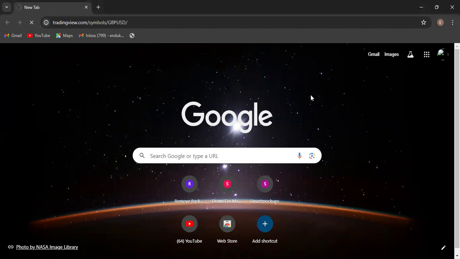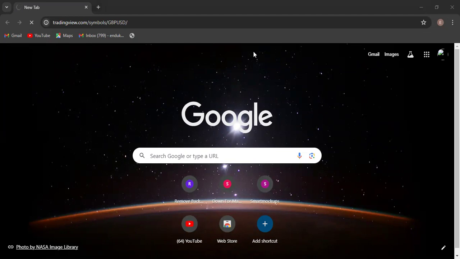Okay, it's actually loading. My TradingView is loading, that's why it's showing bubble. My network is somewhat slow today, so that's why it's like this.